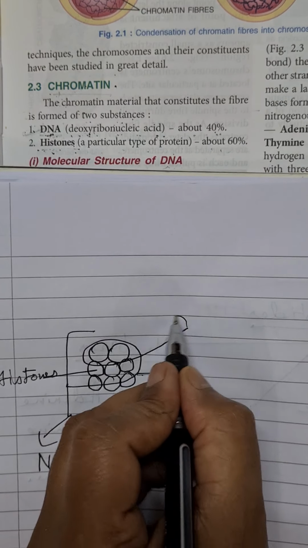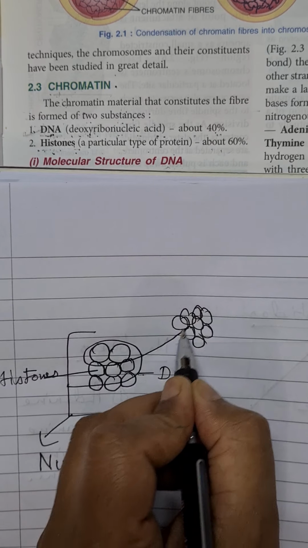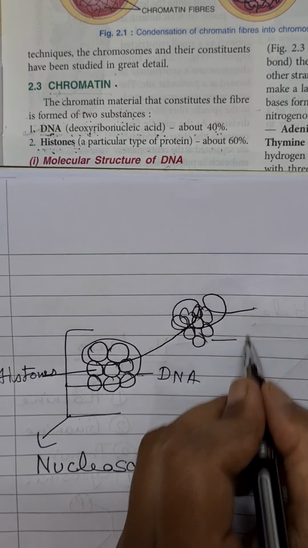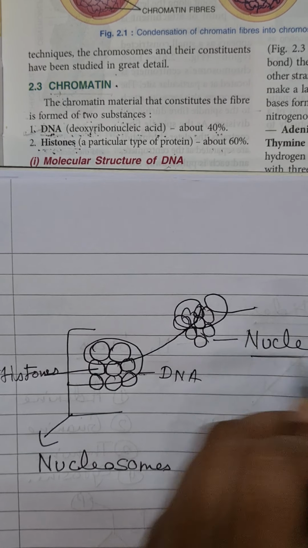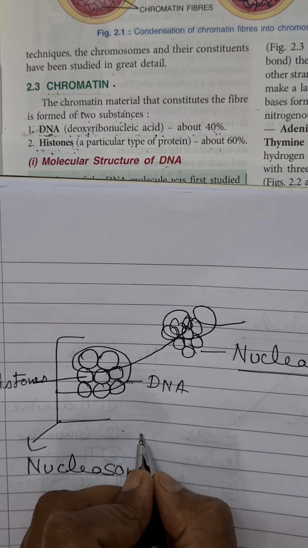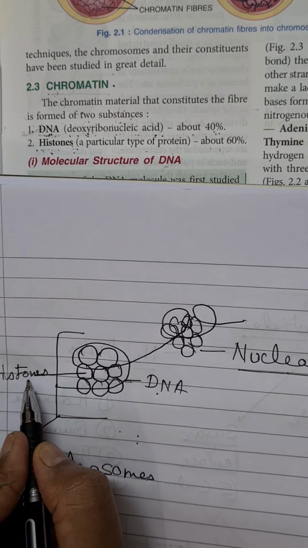Again, in the same way, 8 histone molecules wrapped by 1 or 2 loops of DNA. Again, this is a nucleosome. So millions of nucleosomes are present in chromatin, and these nucleosomes contain DNA and histone.